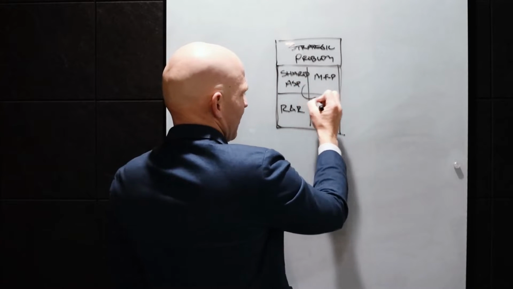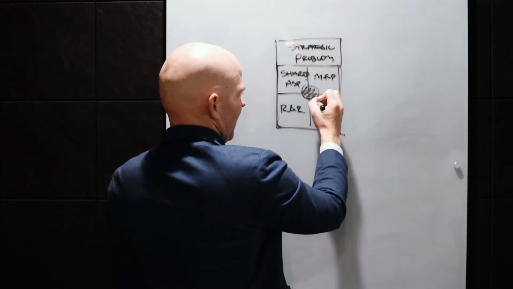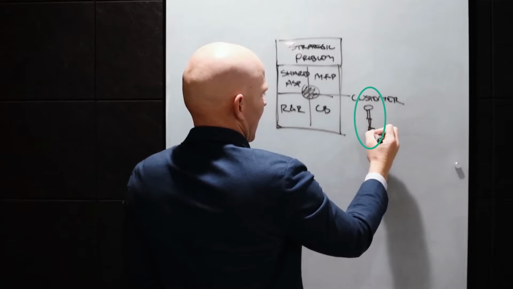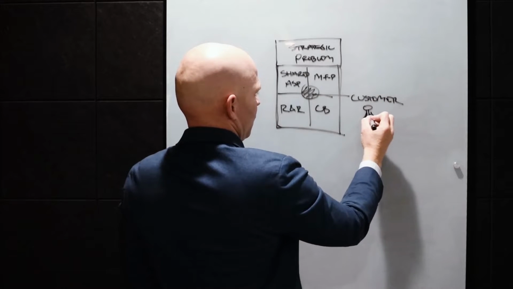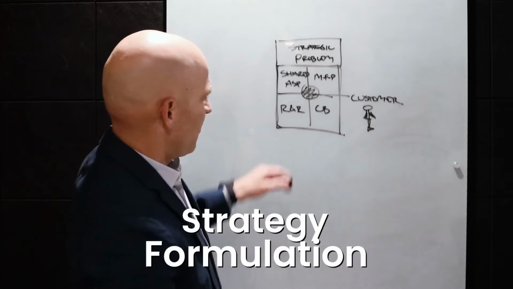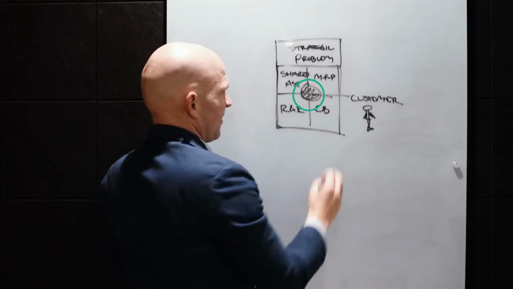Now, at the center of these 4 boxes is the customer, right? The customer is very important as it pertains to strategy formulation, right? So we have the customer at the center.